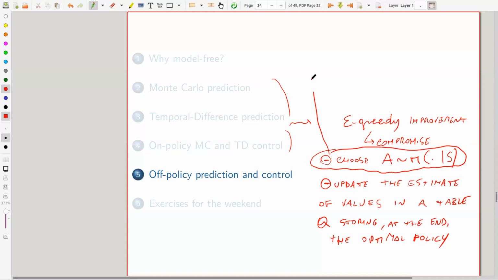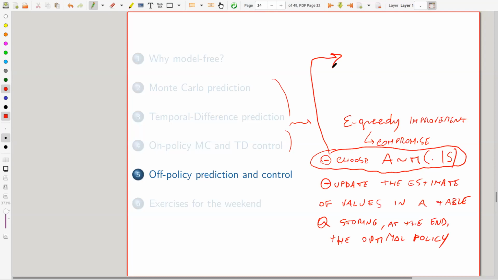So tell me, do you need this policy greedy or not greedy, in your opinion? The policy choosing the actions in the exploration, exploitation tension. Which side is it? Say it again.